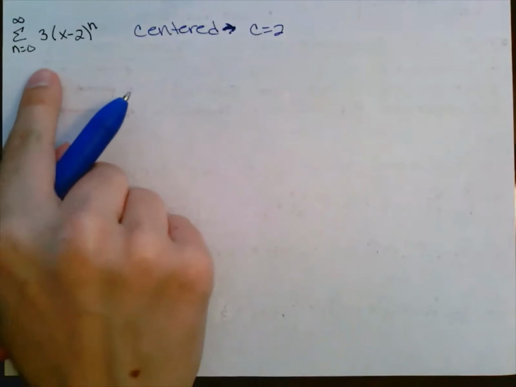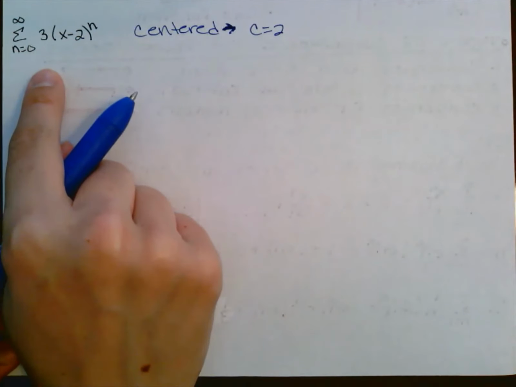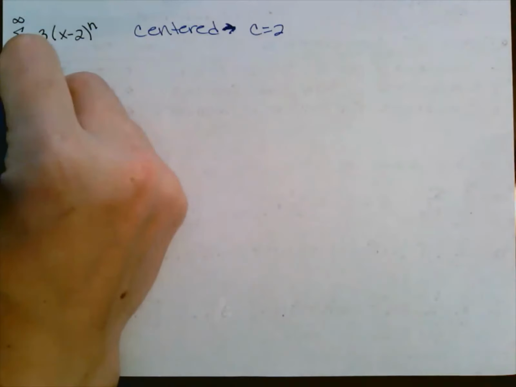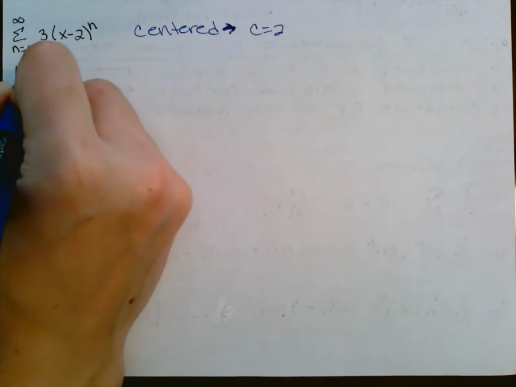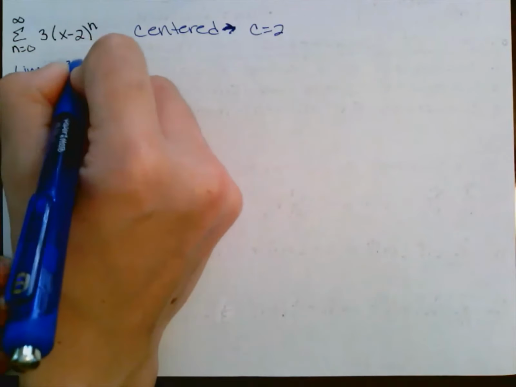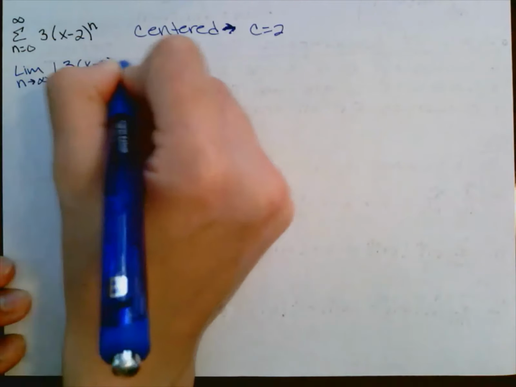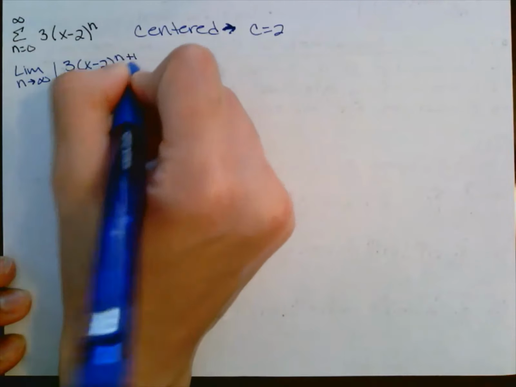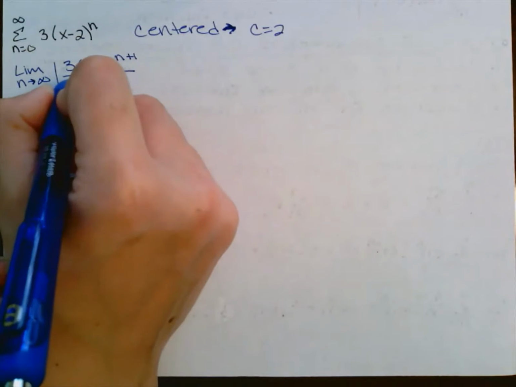Okay, so again, first step is apply that ratio test. Remember, I'm only adding 1 to the n's to divide by the original.